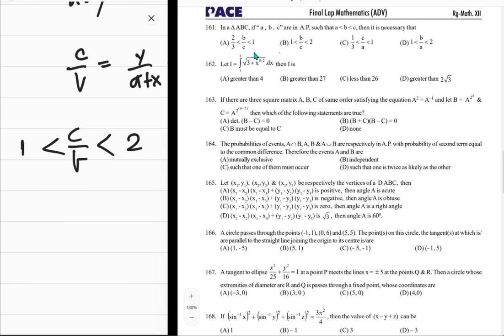Here 1 upon 2 should have come. So this didn't actually work out. B upon C, no, this is not correct. Okay. So A and B don't look correct because, so like this would be C upon B. No, you're saying it's less than 3 upon 2, but that is not necessary. It is not necessary that it is less than 3 upon 2.